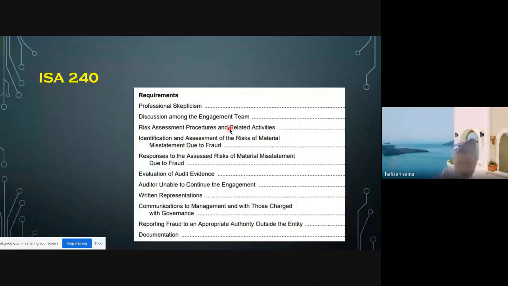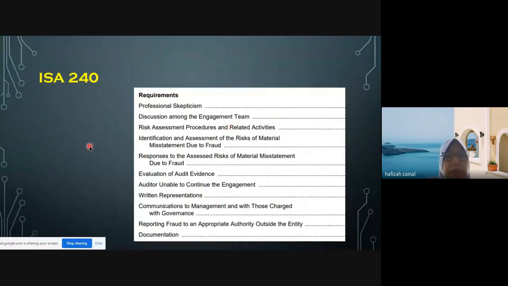As auditors, we know this is what we are supposed to do in accordance with the auditing standards, but the public or users of the financial statements expect auditors to do this and this, which is not specifically mentioned or required by the standards. So there is a gap between them. That is what we call the expectation gap, and it is also one of the ongoing issues being discussed.